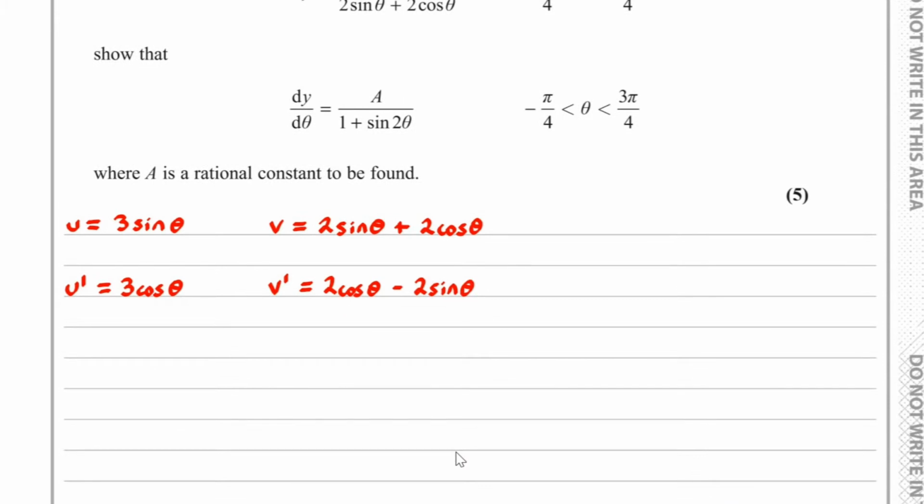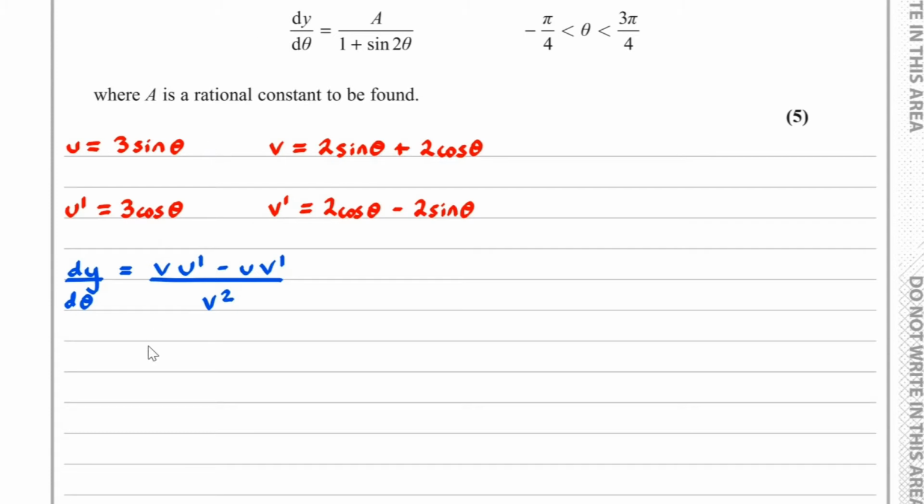And at this point, using the quotient rule, we know that dy over d theta will equal v u dash subtract u v dash divided by v squared, where v and u and their derivatives are functions of theta.